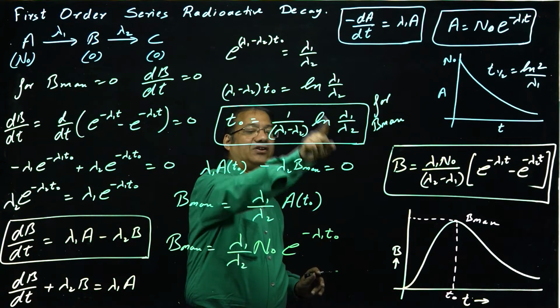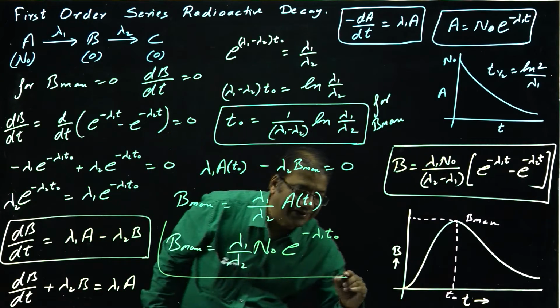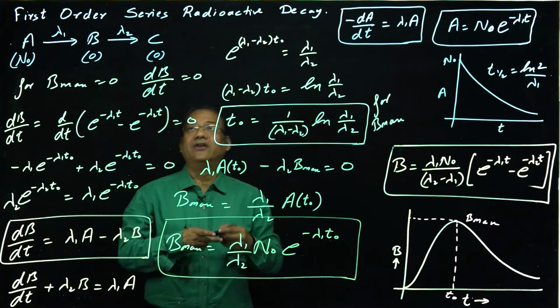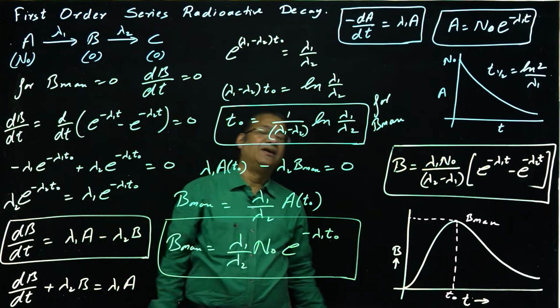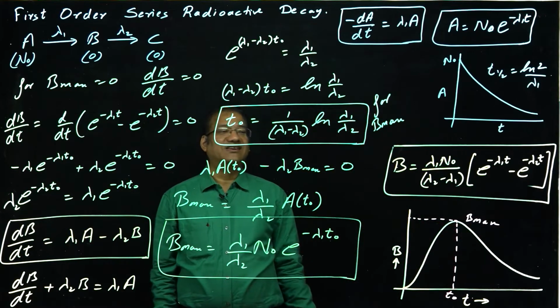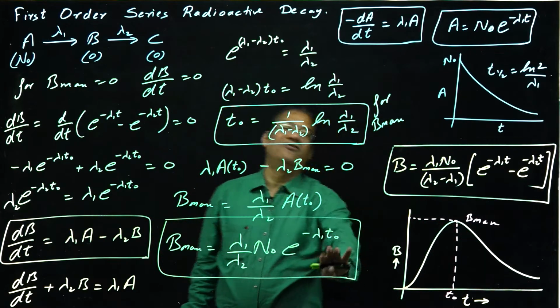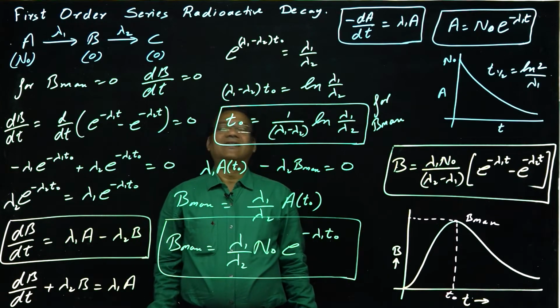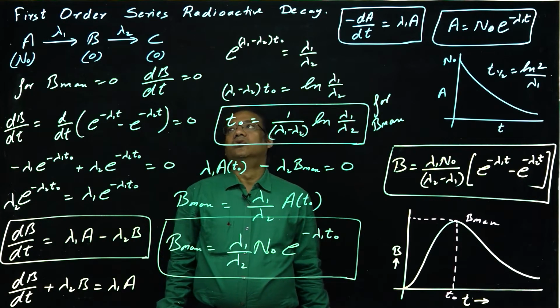Substitute the value of T naught here and get the maximum value of B during this radioactive decay process. This is a very interesting situation, how B varies with time, what is the maximum value of B, and what is the time at which B will take the maximum value.